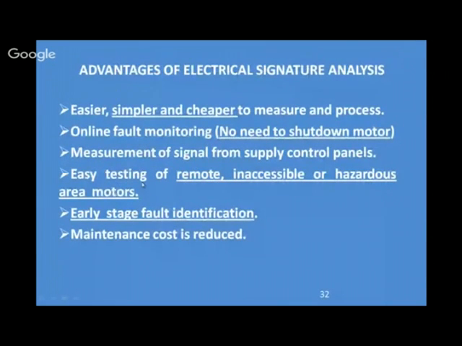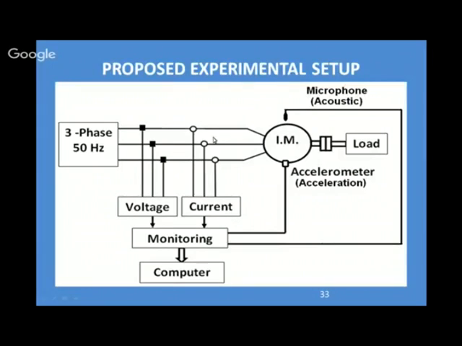It is easy for testing remote or inaccessible motors present in hazardous areas like underwater motors or in the oil field. Then we have early stage fault identification, and the overall maintenance cost is reduced. So therefore we will have this type of signature analysis for finding the faults in the motor.